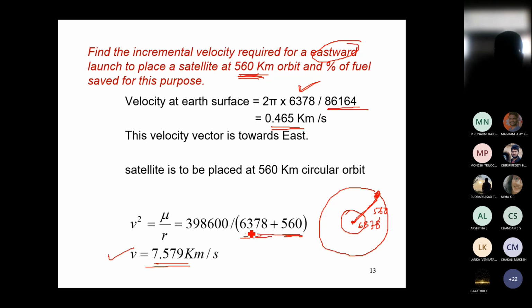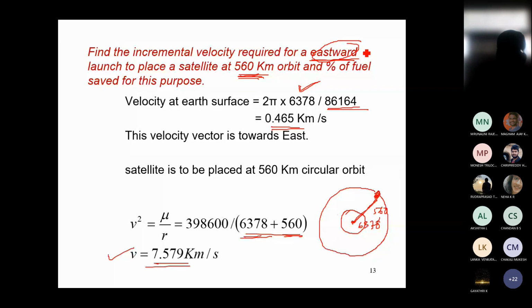Now, let us think what else is given in this example. We are launching the satellite in the eastward direction. You know our Earth is moving from west to east.